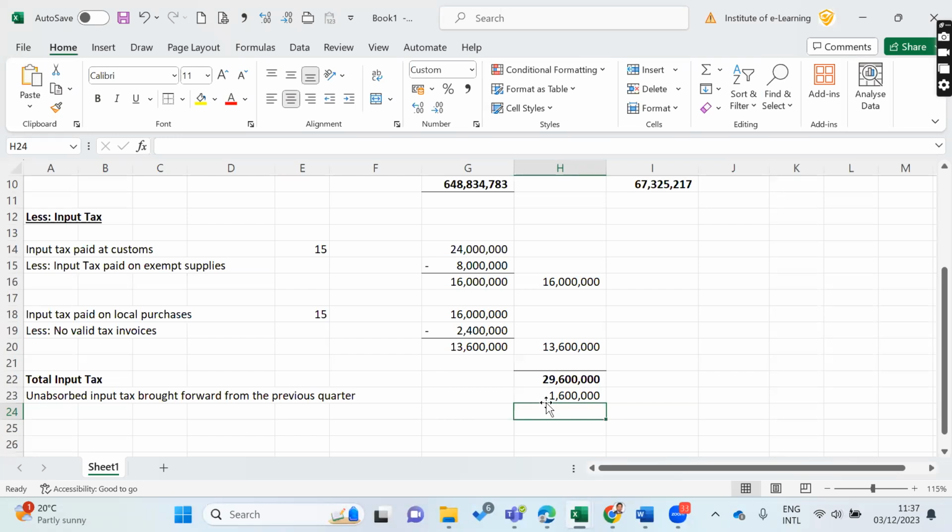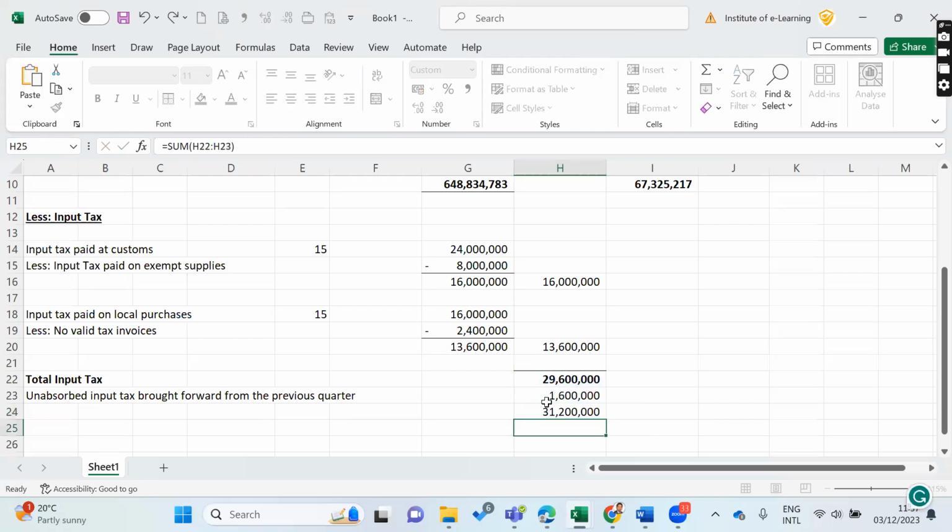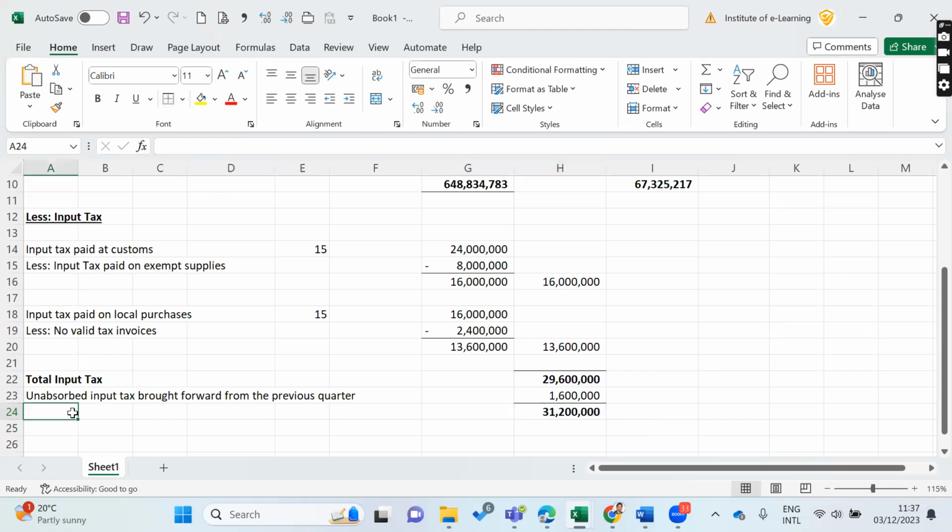Then altogether, allowable input tax would be 31.2 million. Here again you have to be mindful.